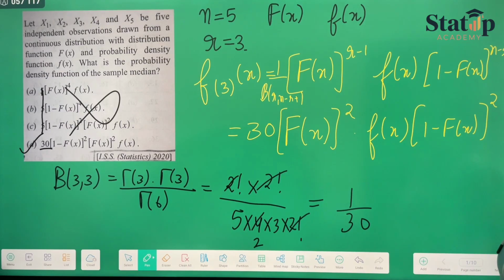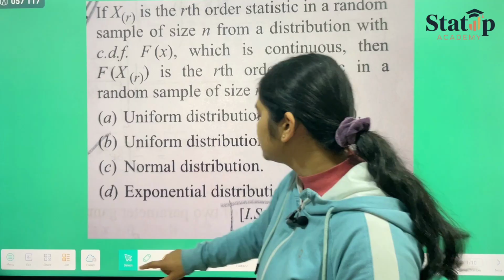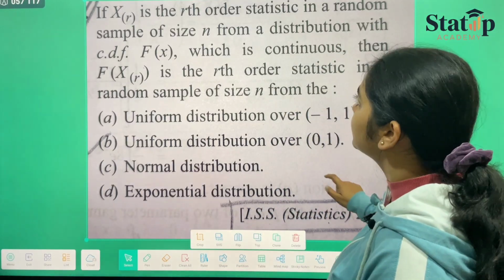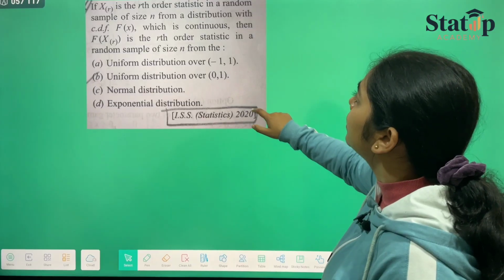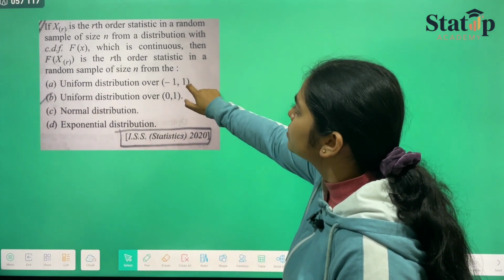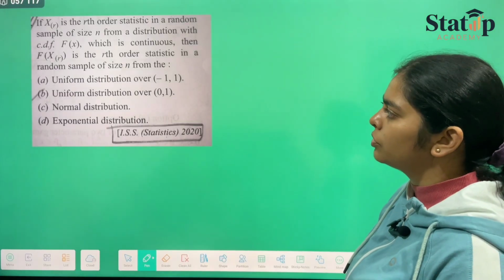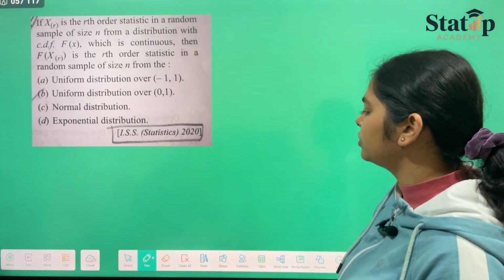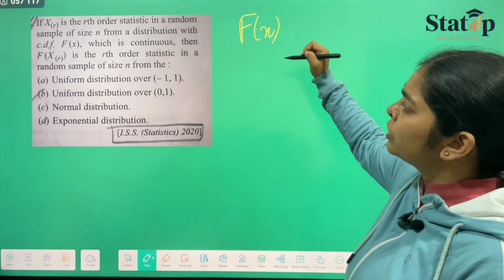Now moving forward to another question. Here they have given us that the rth order statistic is XR, in a random sample of size small n from a distribution with CDF, the cumulative distribution function, which they have provided us as Fx, and which is continuous.